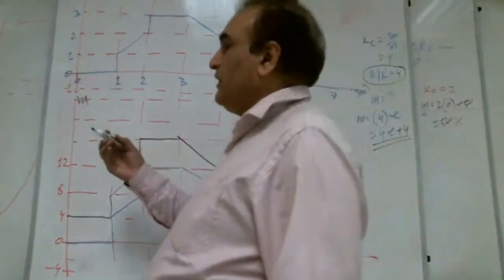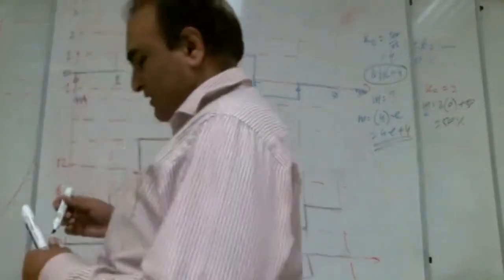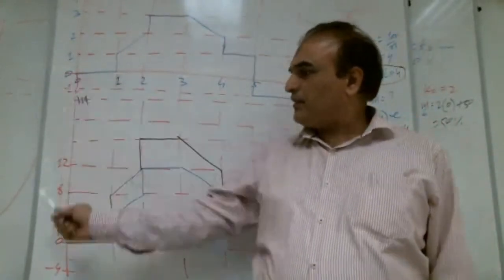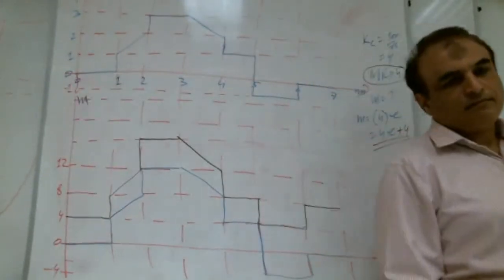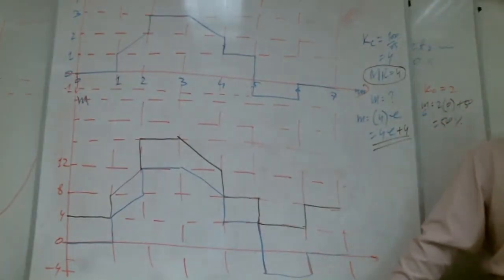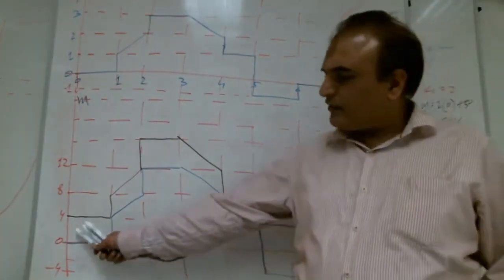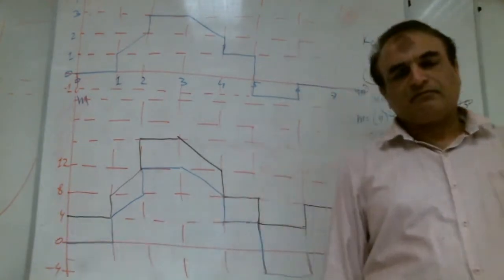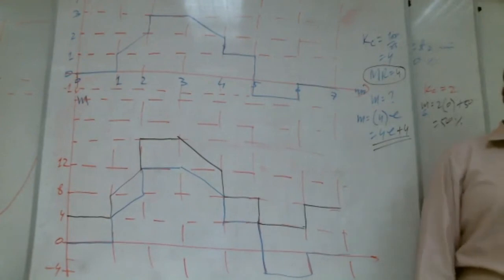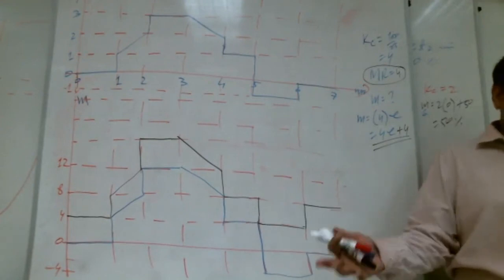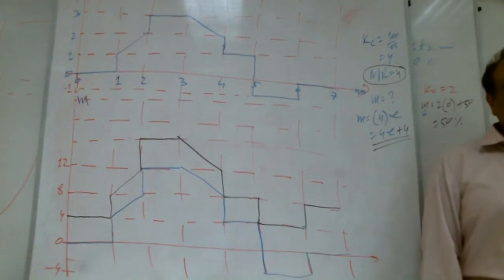And if the output is also starting from 0%, it means MR is what? 0. If the output is not starting from 0%, it means there is some MR. MR is 4 here, we know already. Otherwise, we don't know, right?